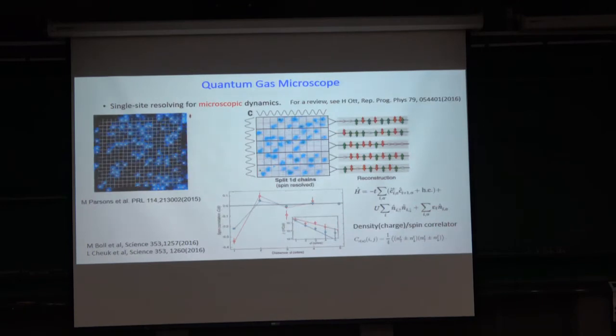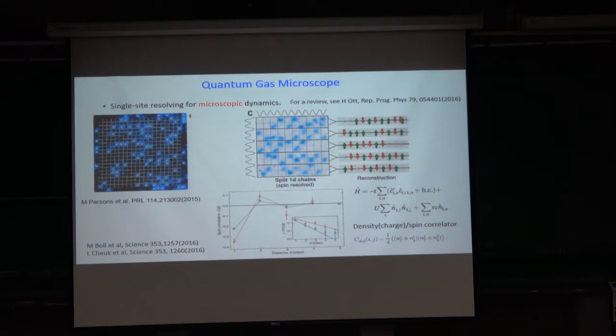And about a decade ago, people added some new elements. They can use very high numerical aperture objective lens, such that they can have a single site resolving power on individual atoms. So basically, you can study this condensed matter physics based on microscopic atom counting.